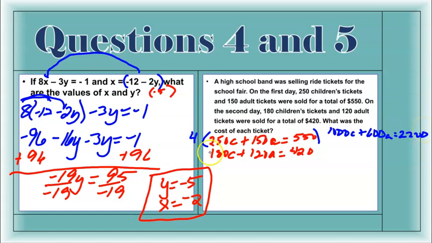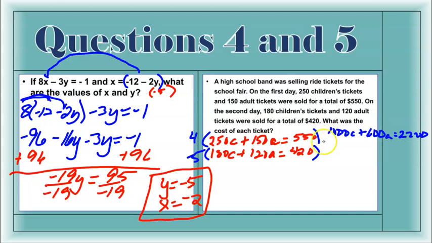And then the next equation, I need this to be a negative 600. So 120, I've got to figure out what do I multiply 120 by to get 600. That would be 5. So I'm going to multiply the second one by a negative 5 so I can get a negative 600. So we have 180 times a negative 5 gives you a negative 900.